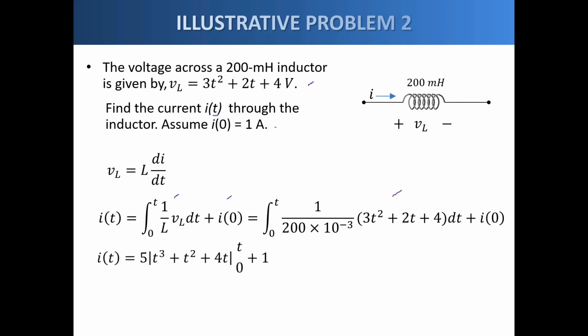Doing the integration will give us this, and then that will give us the final answer, which is this one. Take note here, the current is also increasing. So that's consistent with our polarity of the voltage. So this is a positive. Therefore the current there should be increasing towards the positive polarity of the voltage.